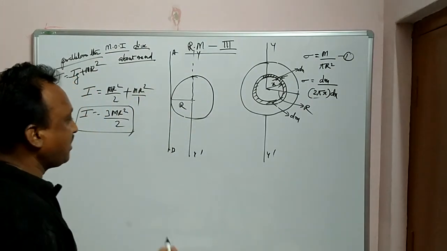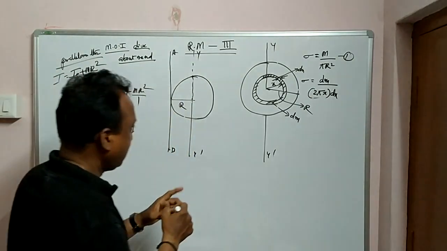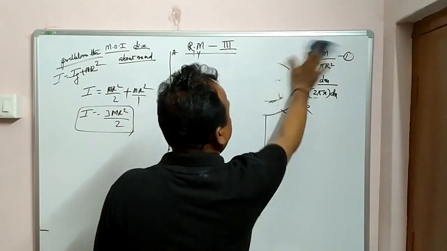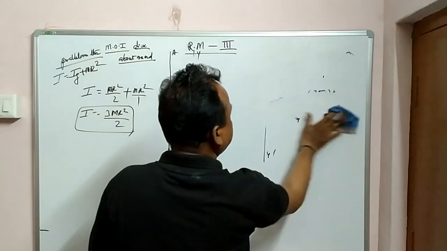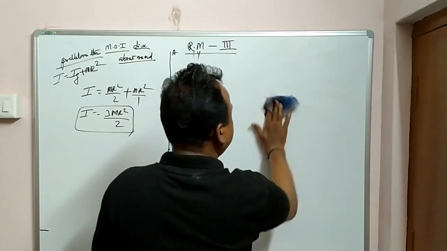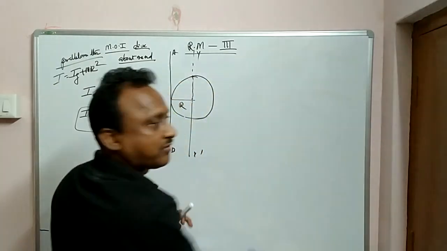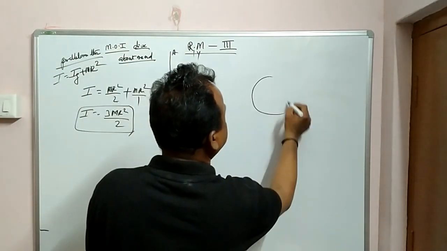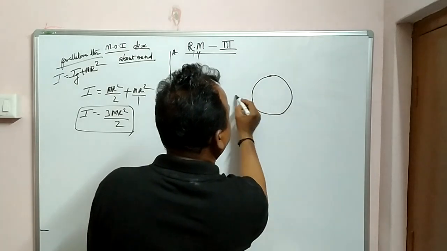Other thing, if they ask you about the diameter, you can also calculate it. Each will have 3 types of questions. In the uniform ring also we discussed 3 questions. So in a question, the same thing, they ask you about the diameter.